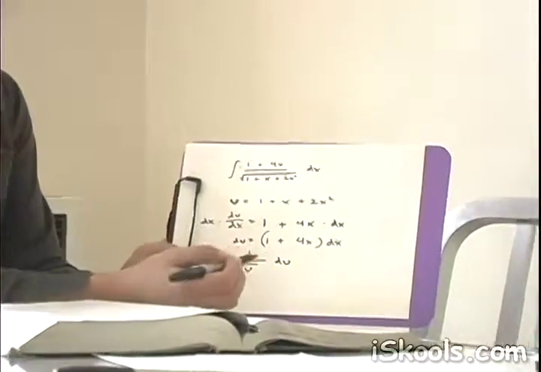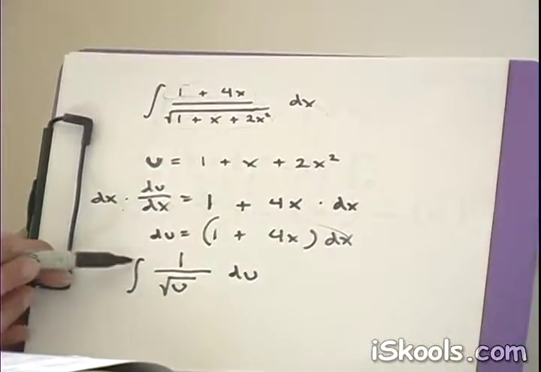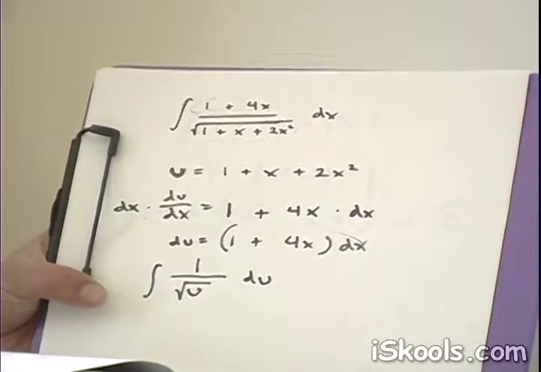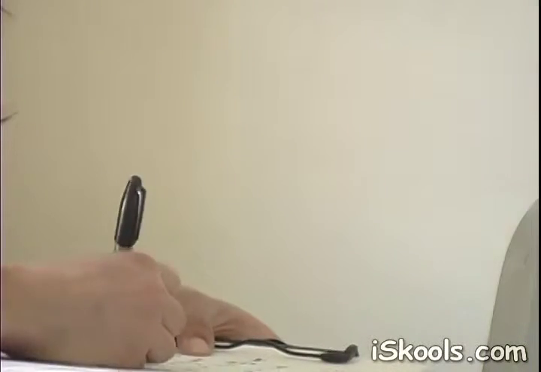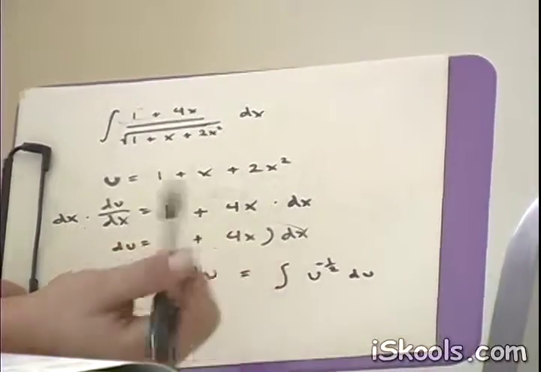So this is my final integral, 1 over root u with no limits, and then du, because this entire portion equaled du. I could rewrite that in terms of a power, u to the negative 1/2, and du once again. So u to the negative 1/2 du.